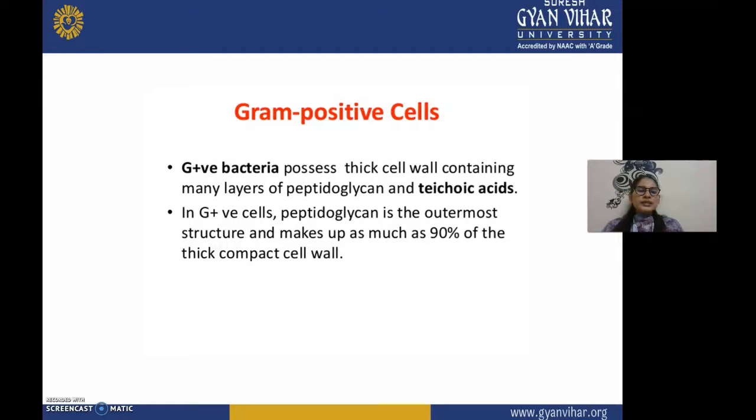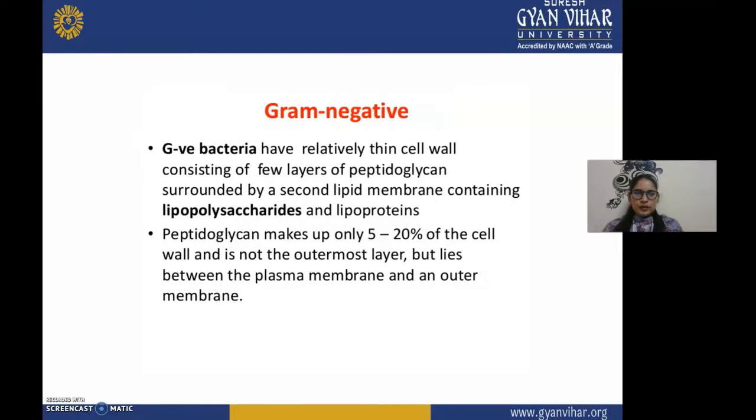Now, gram-positive cells. So, gram-positive bacteria possess a thick cell wall containing many layers of peptidoglycan and teichoic acid. So, in gram-positive cells, peptidoglycan is the outermost structure and makes up as much as 90% of the thick, compact cell wall.